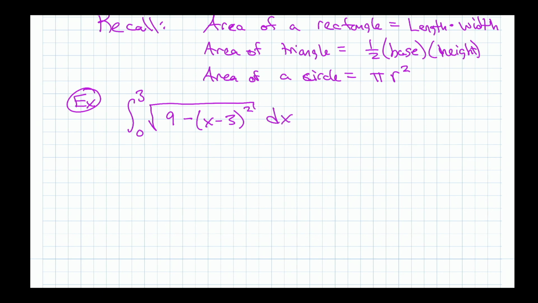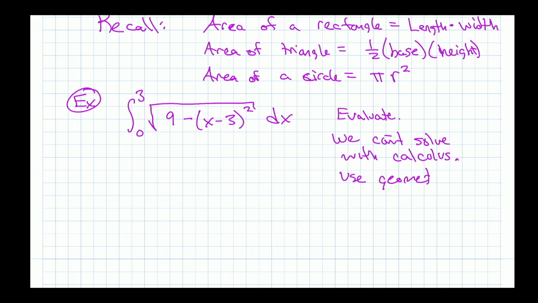Okay, so we're supposed to evaluate this. Now, you don't have a way to do this with algebra or calculus. We can't solve with calculus right now. So what you're supposed to do is use geometry formulas.